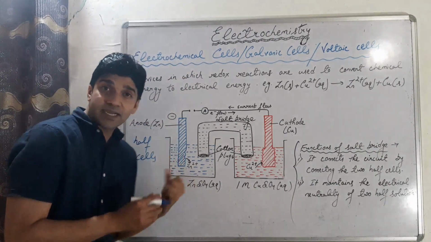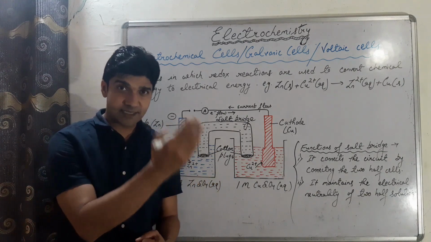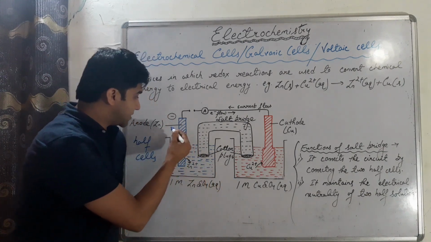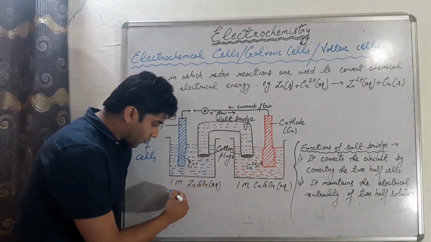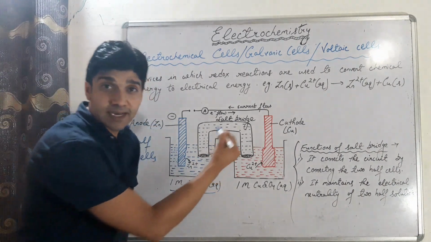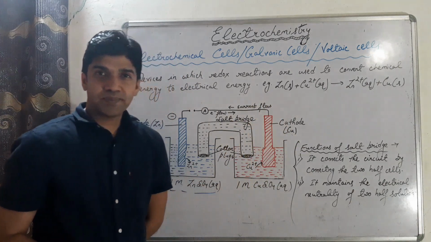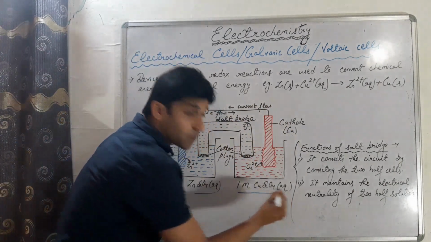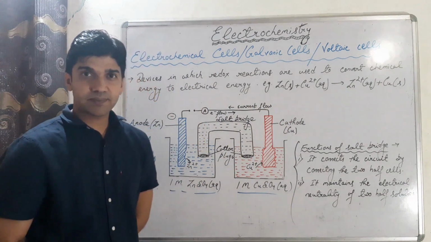In the oxidation half cell, on the left side, in the Daniel cell, we have a zinc rod dipped in the 1 molar zinc sulfate solution. On the right side, a copper rod is dipped in the 1 molar copper sulfate solution.